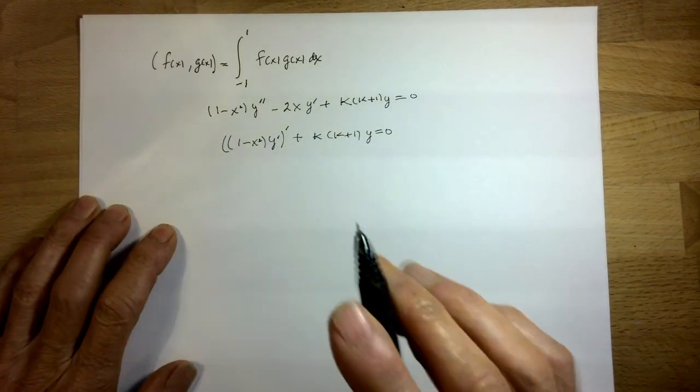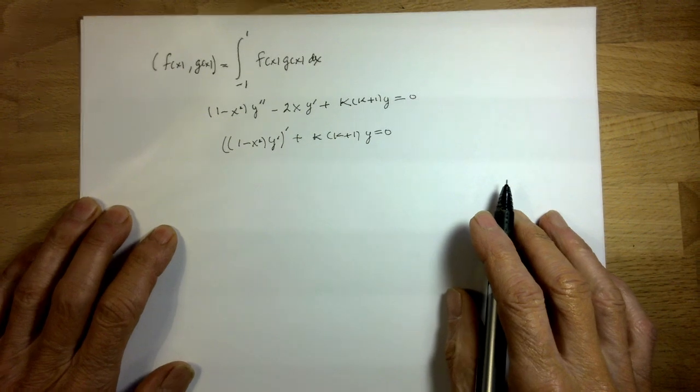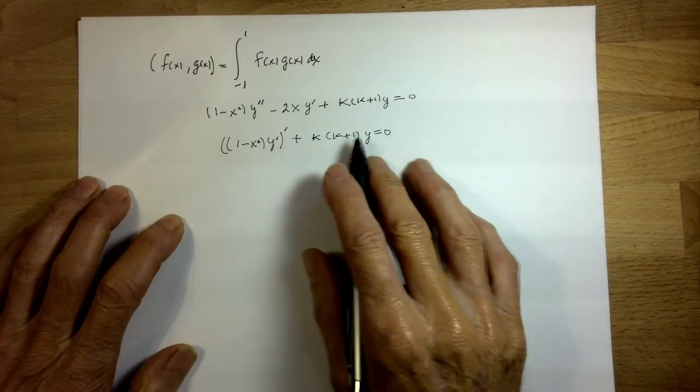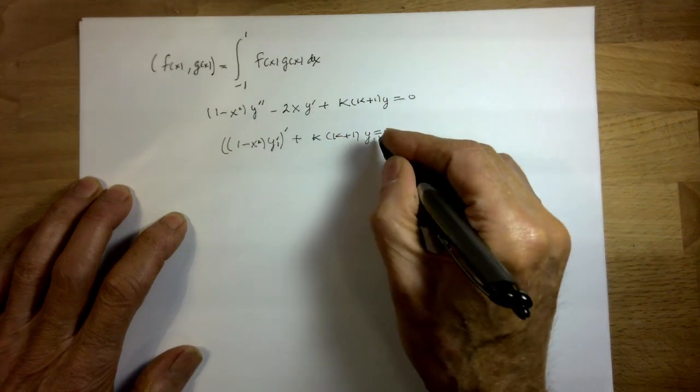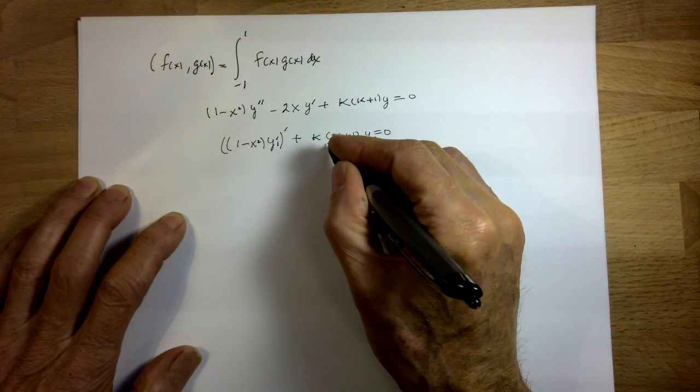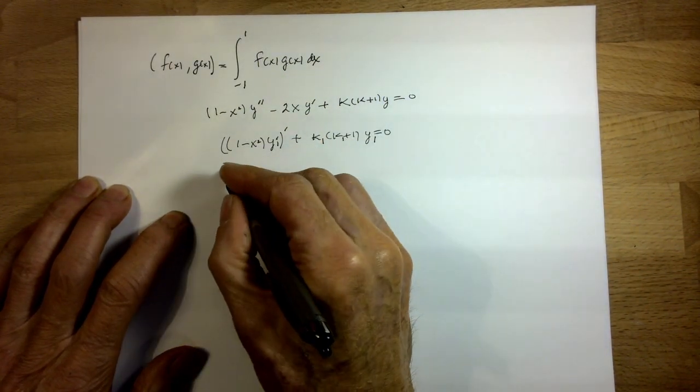Now we're going to assume that we have two solutions, a y1 solution and a y2 solution, so we'll have two versions of this.